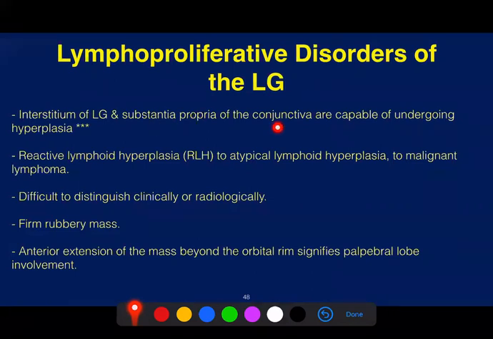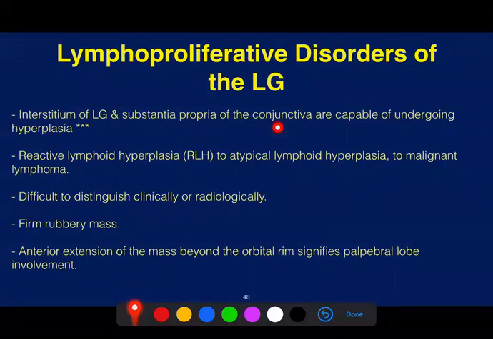You have mucosal associated lymphatic tissue, which is in the conjunctiva, and the conjunctiva is connected to the lacrimal gland in the superior lateral fornix, where the palpebral lobe ducts end. So this is one of the theories that the lymphatic tissue extends to the lacrimal gland through this route, as well as metastasis.